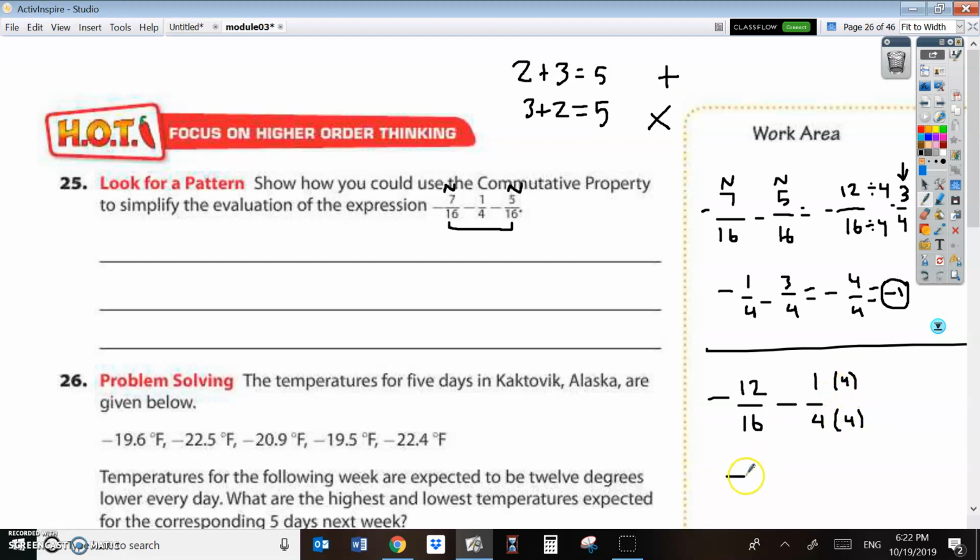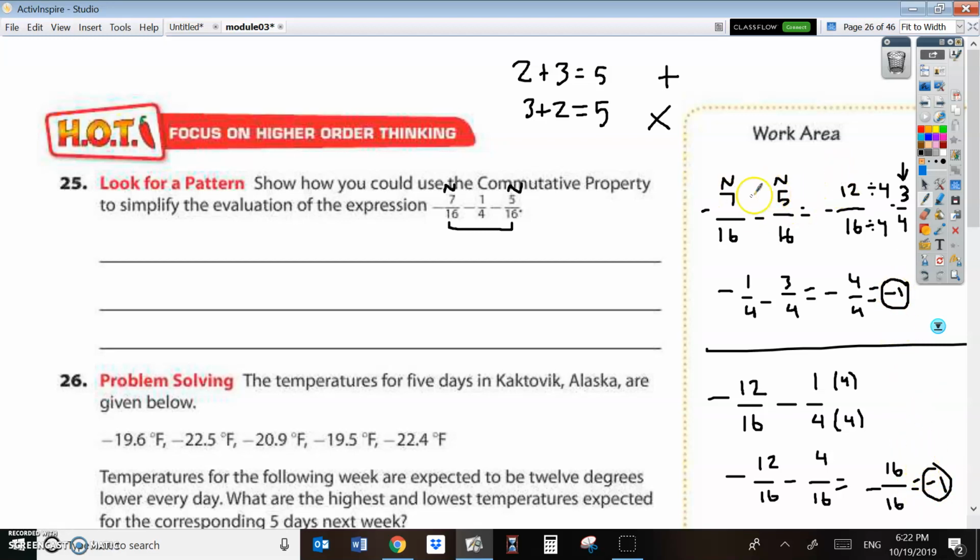So that's going to give us negative 12 over 16 minus 1 times 4 is 4, 4 times 4 is 16. Now we have common denominators. So now 12 plus 4 is 16, and that equals 16 over 16. Remember, it's negative, and that equals negative 1. So either way, you get negative 1.